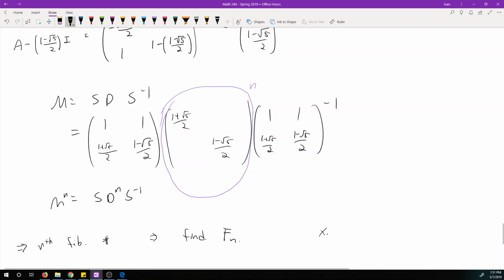You know that xn is equal to fn and fn plus 1, right?